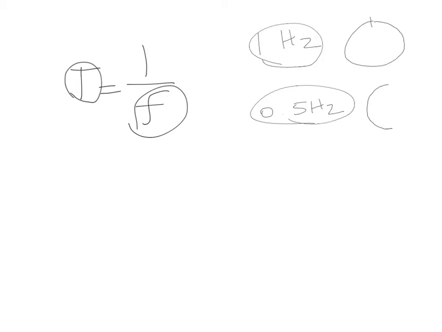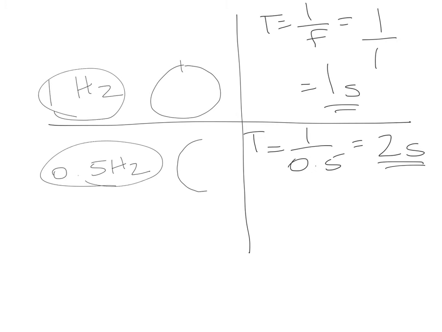So let's look at the period for these two. If we look at 1 hertz, we put it into the formula, T equals 1 divided by f, so our frequency is 1 hertz. 1 divided by 1 is 1 second. That matches with our diagram. It takes 1 second to do one complete loop. So it has a period of 1 second and frequency of 1 hertz.